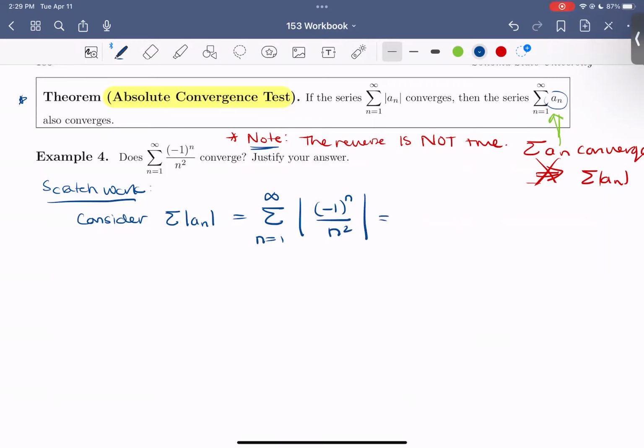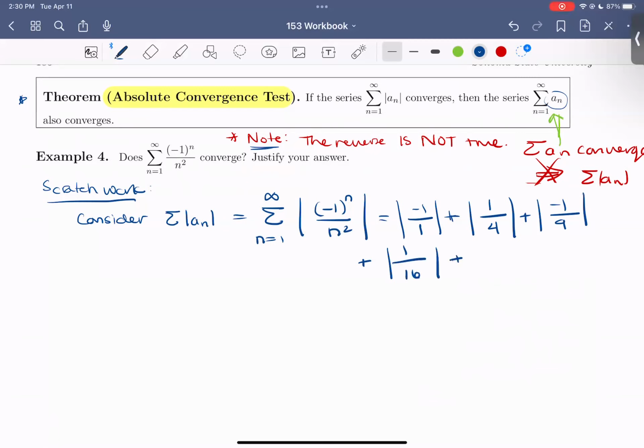So notice what that series looks like. When n equals 1, we have negative 1 to the 1, which is just negative 1, over 1 squared, which is just 1, absolute value, plus when n equals 2, that numerator becomes negative 1 squared, so we just get 1 in the numerator, over 2 squared, which is 4, plus our next term when n equals 3, negative 1 cubed, which would just be negative 1, over 3 squared, which would be 9, plus a couple more: negative 1 to the 4th power would be 1, over 4 squared would be 16.